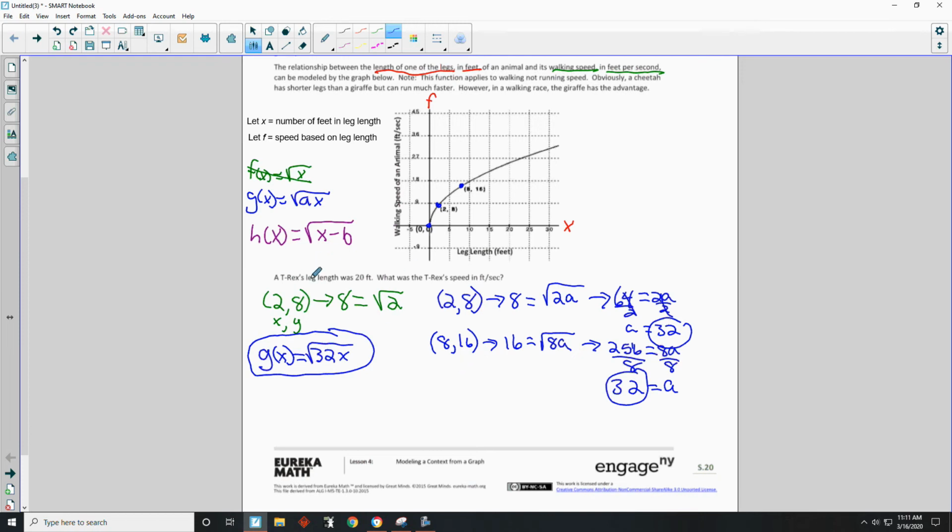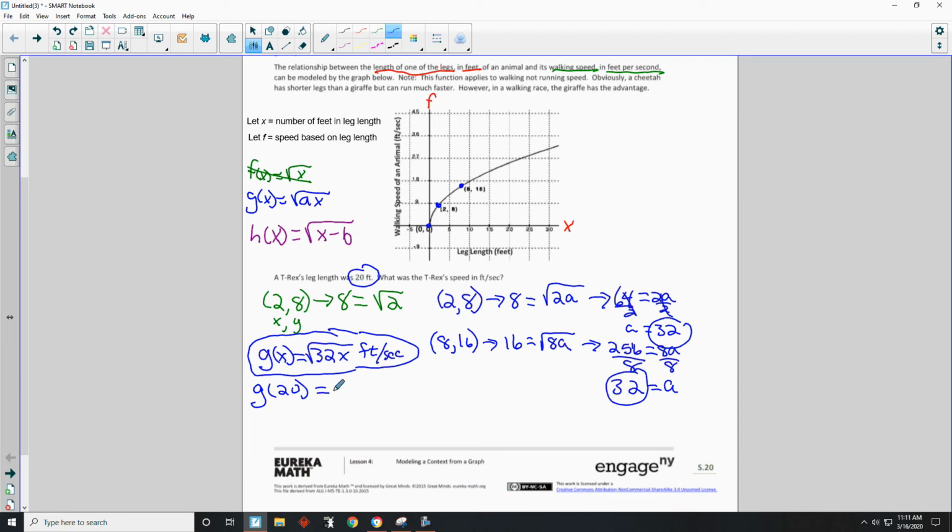Now it says a T-Rex leg length was 20 feet. What was the T-Rex's speed in feet per second? So g of x is the square root of 32x feet per second. We don't want to forget our unit of measurement, so this is going to be feet per second. Now I want to know when x is 20, so I want to calculate g of 20.